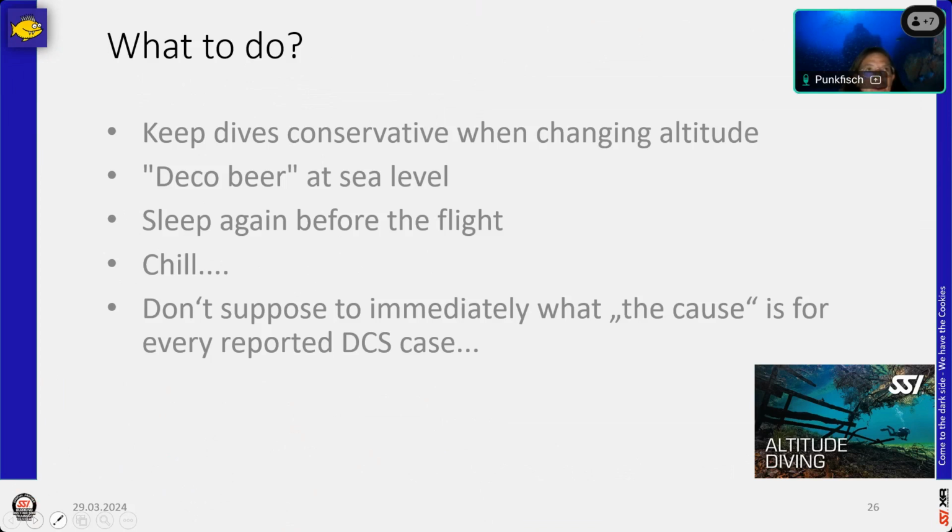You got this because you were 2 meters deeper than you planned or whatever. No, we don't know why it happened. It just happened. It's fine. We treat it. And if you want to consider setting more conservative limits afterwards, well, do it. Might be a consideration, but maybe it's not even necessary, because maybe it just happened like any accident that happens.